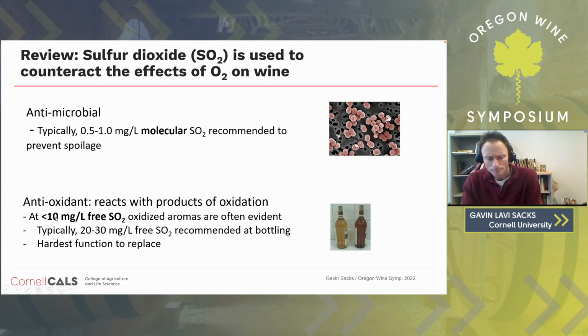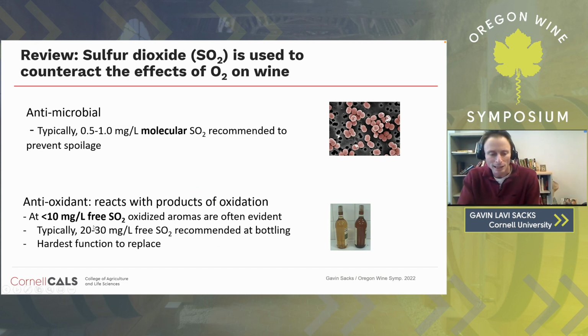The other role for SO2, or free SO2, is as an antioxidant. Bisulfite, the main component of free SO2, can bind to or, more properly, it binds to or consumes reaction products from oxidation. It does not react directly with oxygen.